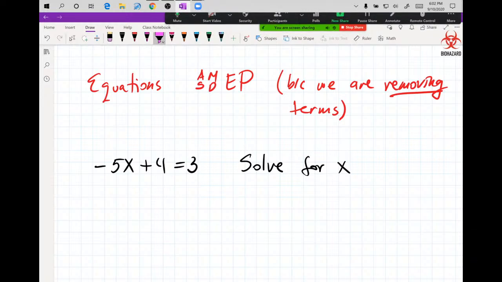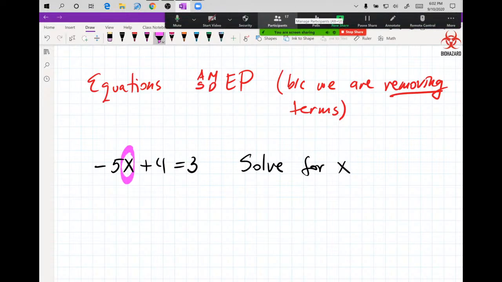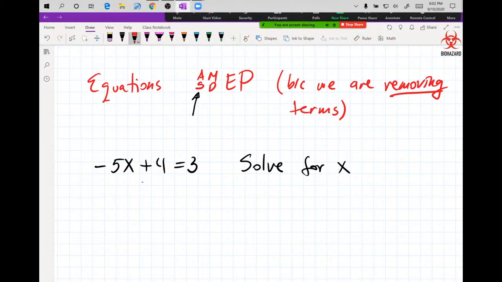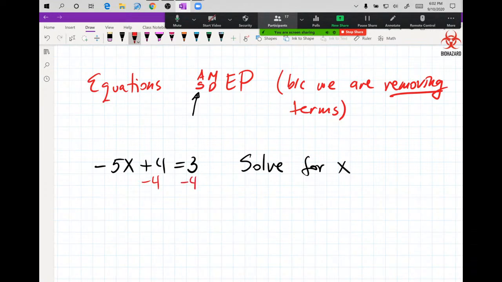So we locate x, there it is, and we know that we need to remove negative 5 and we need to remove positive 4. Now 4 is added and negative 5 is multiplied. So when you look at your reverse PEMDAS for solving equations, you see that addition and subtraction need to be dealt with first. Well, I have this plus 4, which is why we are removing 4 first.